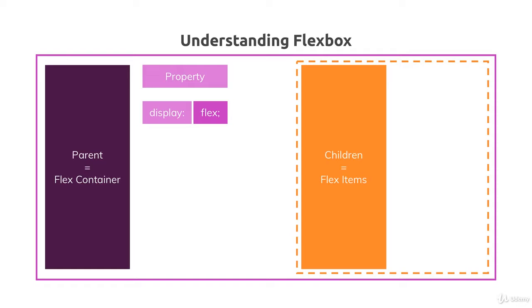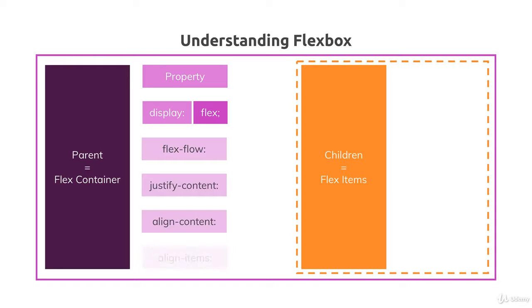The second step is that once we turned our elements into such a Flexbox construct, as I would call it, we can apply different properties to both our parent, our flex container, and our children, our flex items. For the parent, we can apply the flex flow property, the justify content property, the align content property, and the align items property.